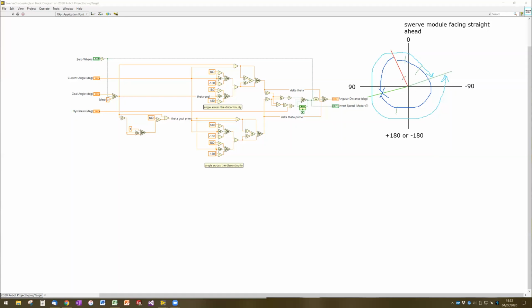The only thing you have to be careful about when you do it like that is you're still going to have to handle the signs so that you maintain the correct signage as you do the subtractions, because you could also have the case where this value here on the shorter angle is a negative instead of a positive.